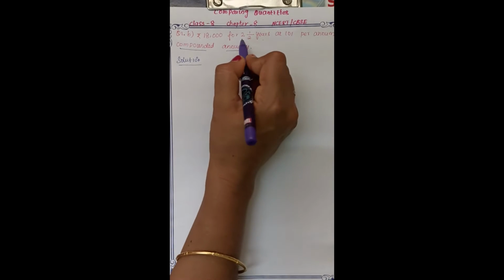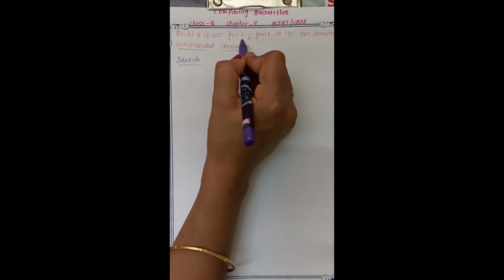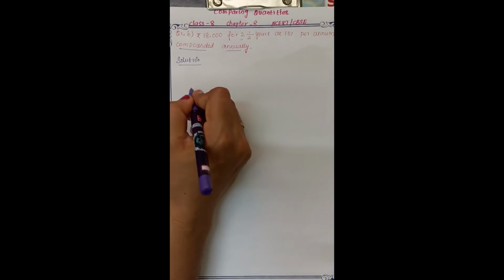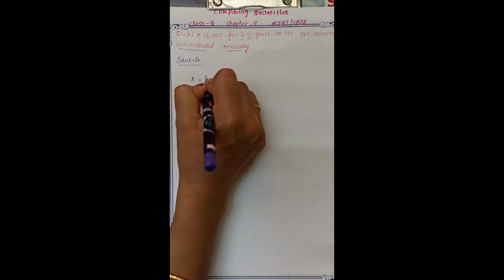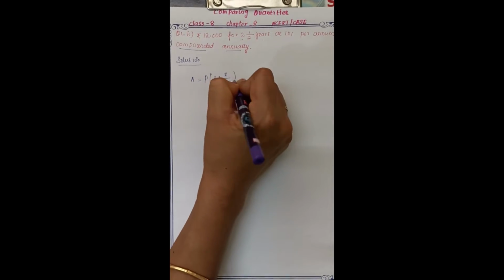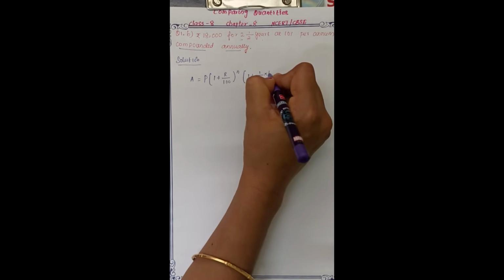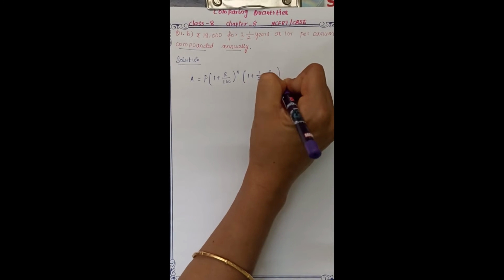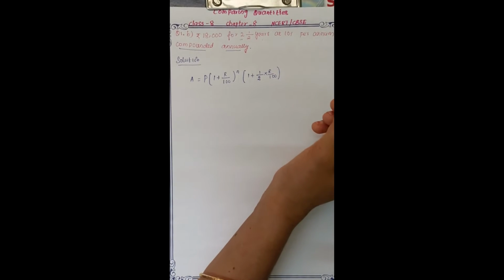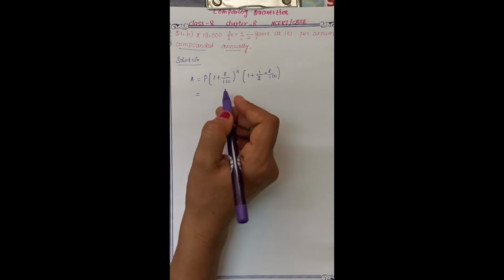Here n is given in fraction. So we know the formula if n is given in fraction: A equal to P into (1 plus R by 100) to the power n into (1 plus 1/2 into R by 100). So this is the formula if n is given in fraction.